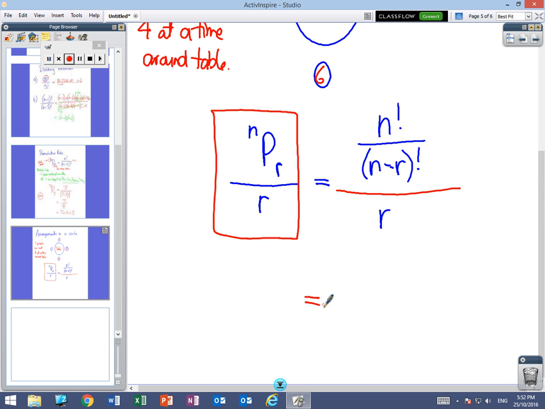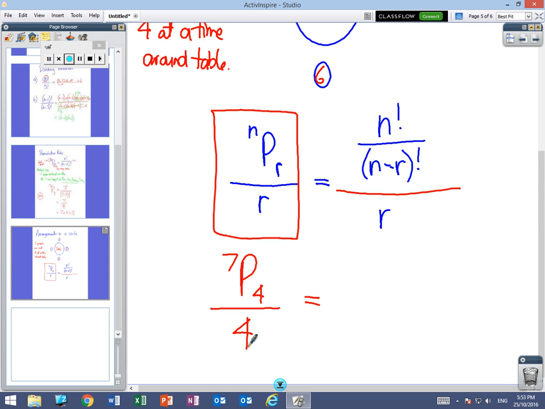So let's rewrite this one properly. 7P4 divided by 4.